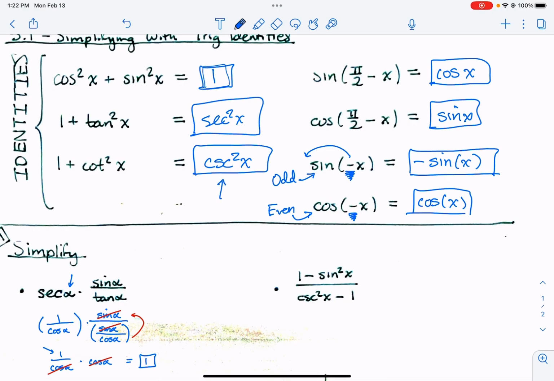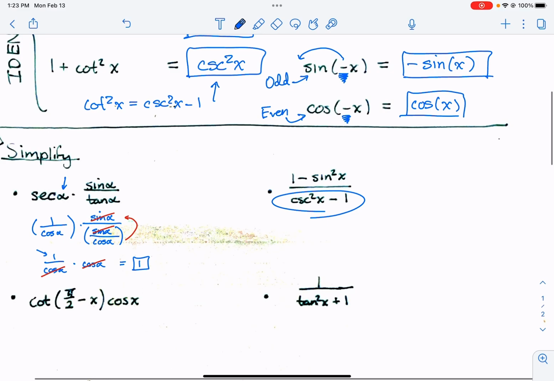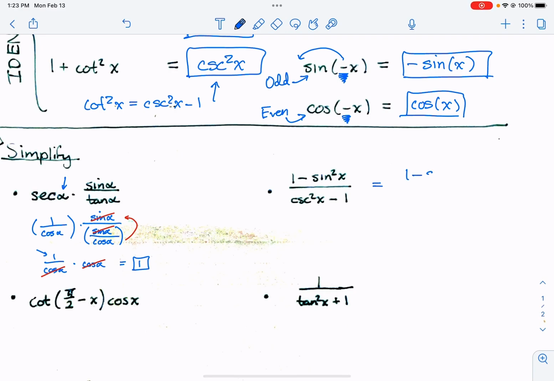If I subtract the 1 on both sides, I get that cotangent squared x equals cosecant squared x minus 1, which is exactly what I have down there. So I can swap it out for cotangent. Beautiful. So this is the same thing as 1 minus sine squared x over cotangent squared x. We might swap that out later.